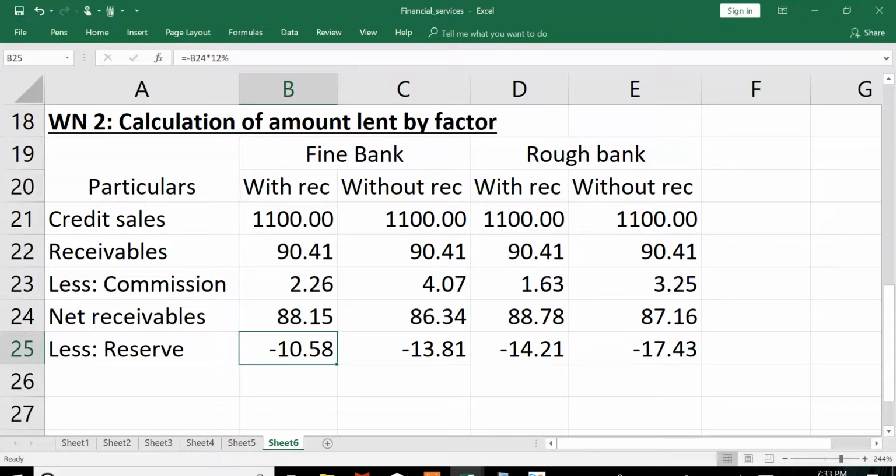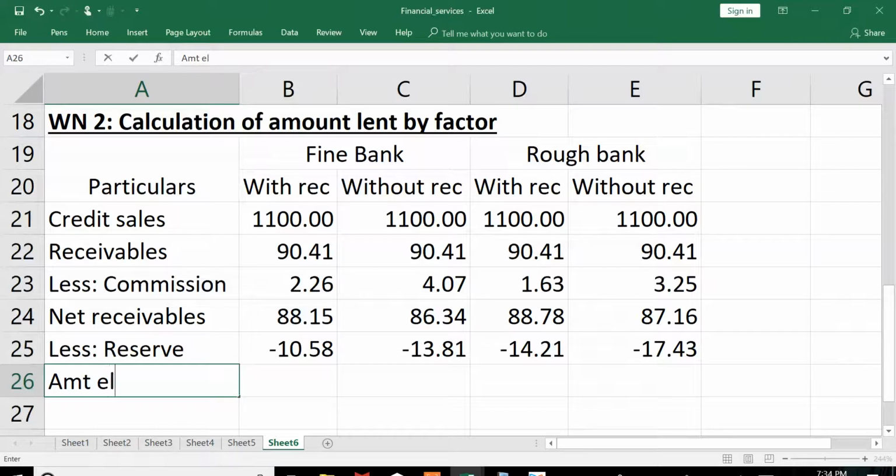Just check, is there an error with the percentage? Otherwise this should be the number. It's on net receivables. 12, 16, 16, 20. Can I proceed?